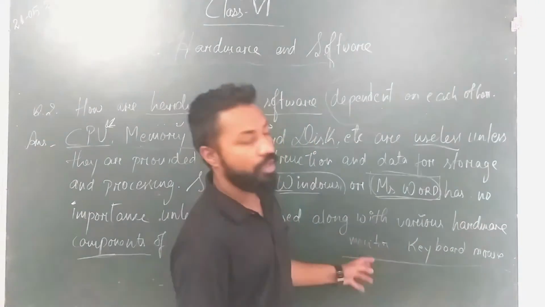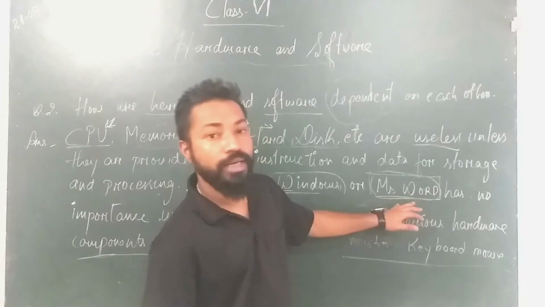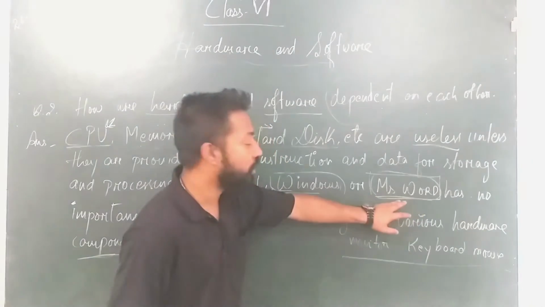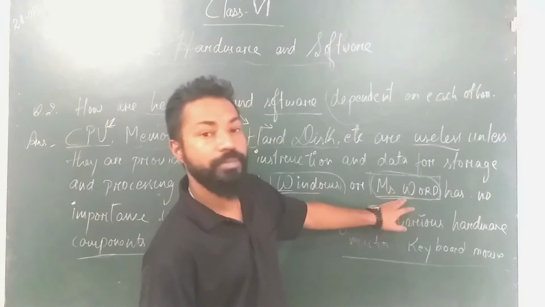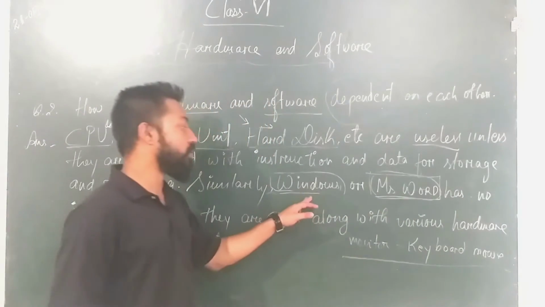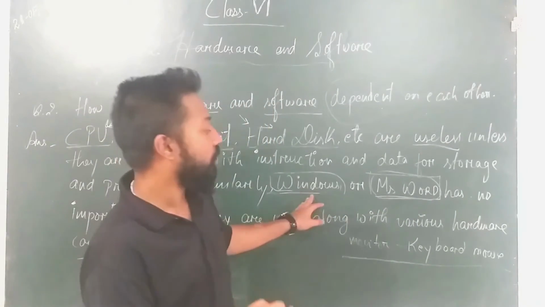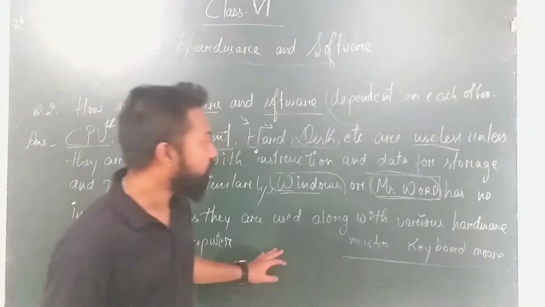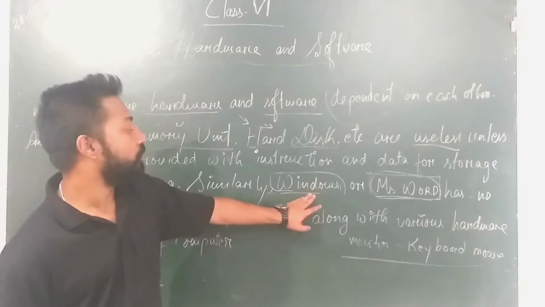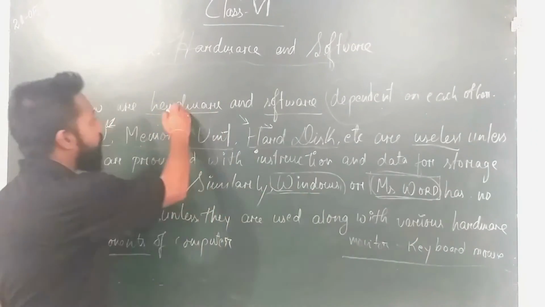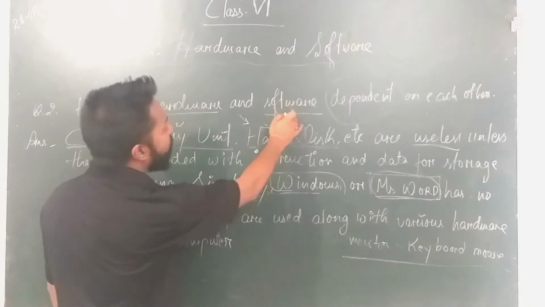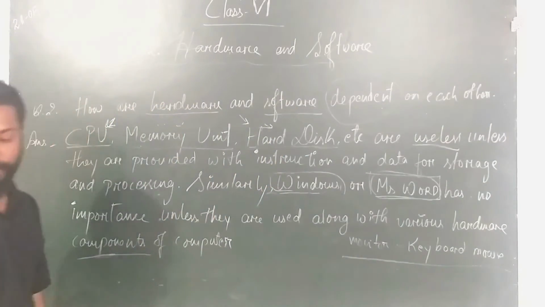And since there is no monitor, you won't be able to see the output. So this MS Word, even if it is installed in your computer, will become useless. Same with Windows, even if Windows is installed in your computer, but you don't have various hardware components, then this software will be of no use. So hardware is dependent on software and software is dependent on hardware.